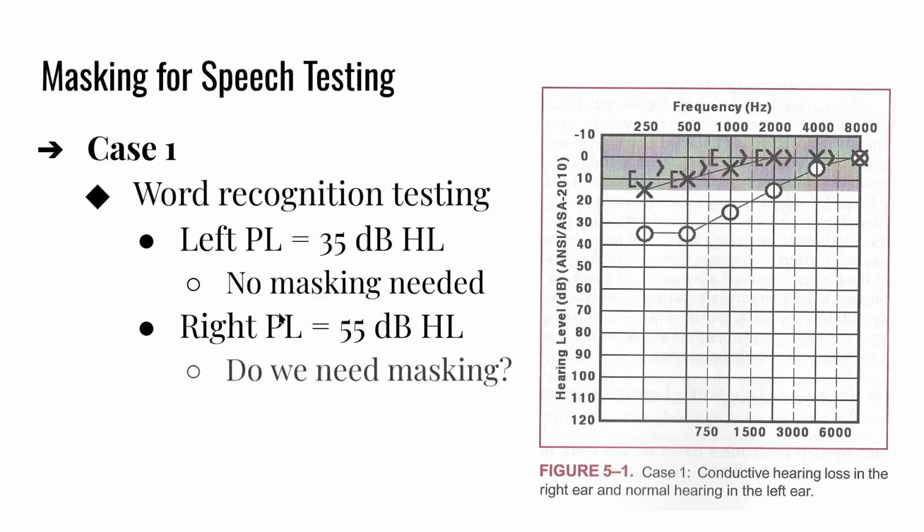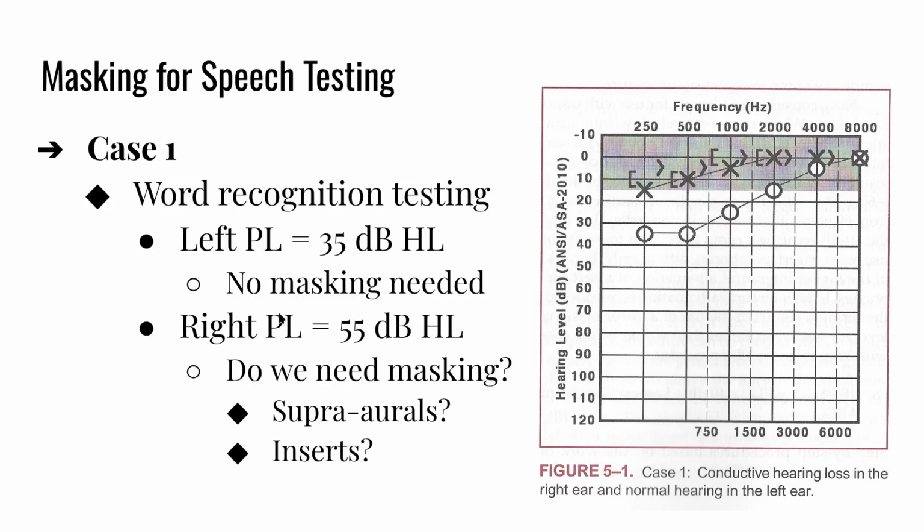Do we need to mask? 55 dB minus best bone conduction threshold in the non-test ear, which is 0. 55 minus 0 is 55. Do we need to mask with supraurals? Yes, we do, because 55 minus 0 is 55, and that's greater than 40. Do we need to mask with inserts?